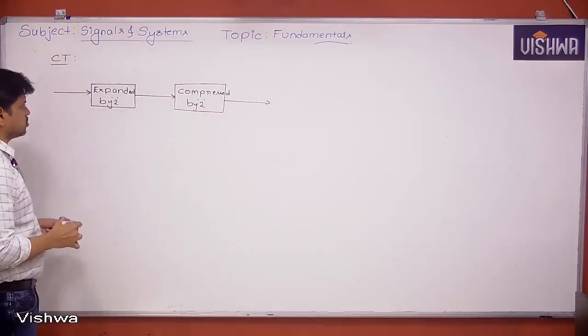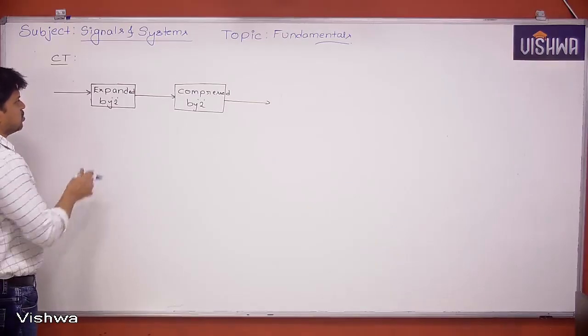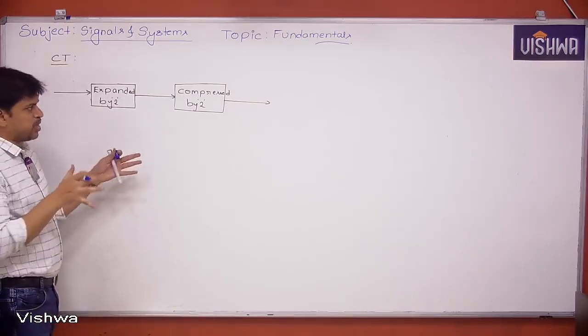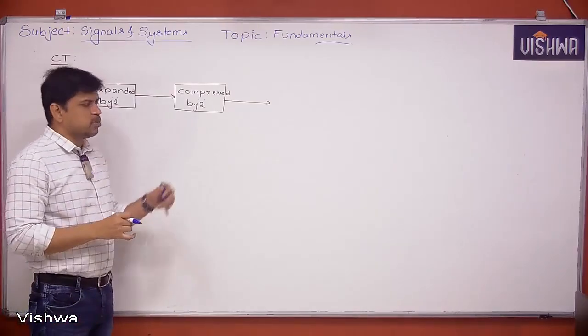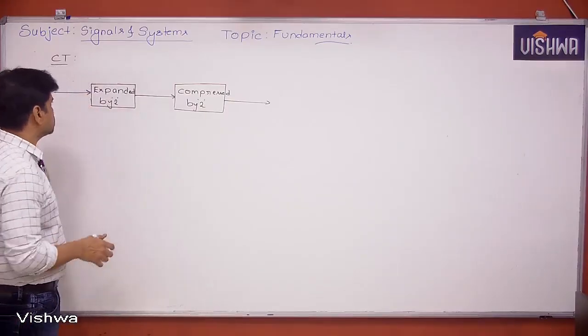Let's see for this kind of system, the first block will do expansion of the signal, the second block will do compression of the signal by factor 2.